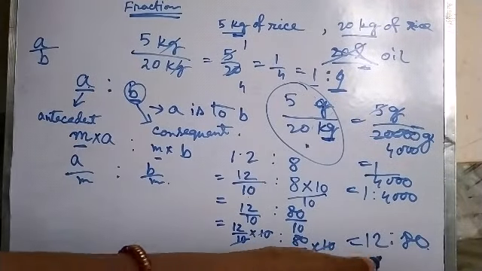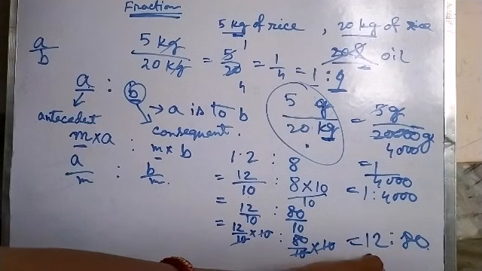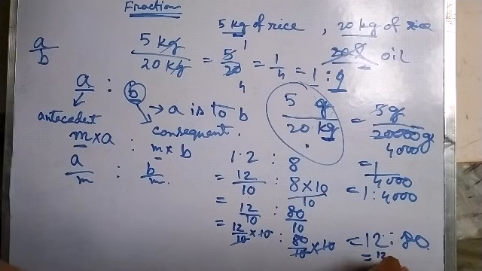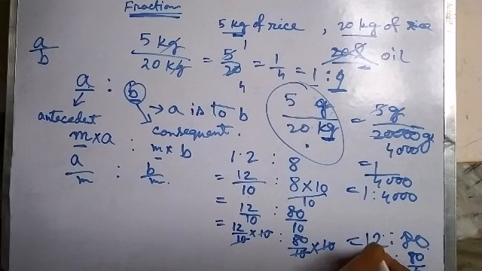Then we can make it in simplest form. By 4 we can divide it: 12 by 4 and 80 by 4. Here I used the same number for dividing. 4 3s are 12, and 4 20s are 80. That means 3 is to 20.